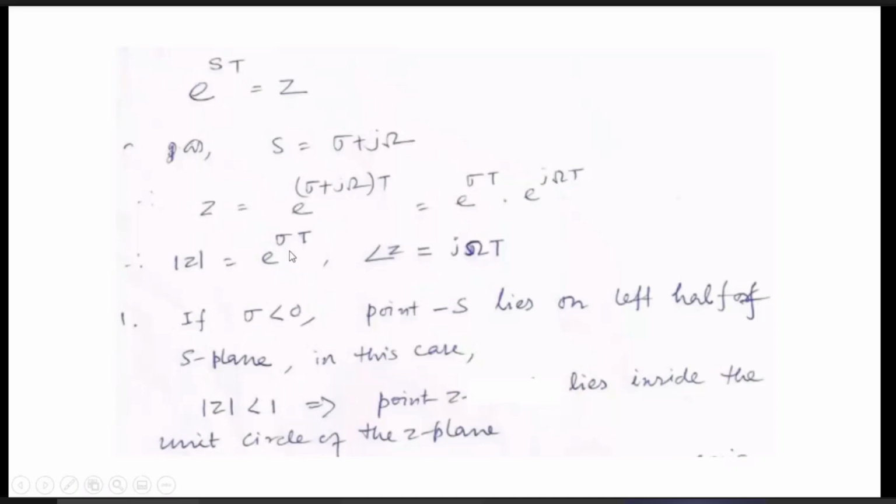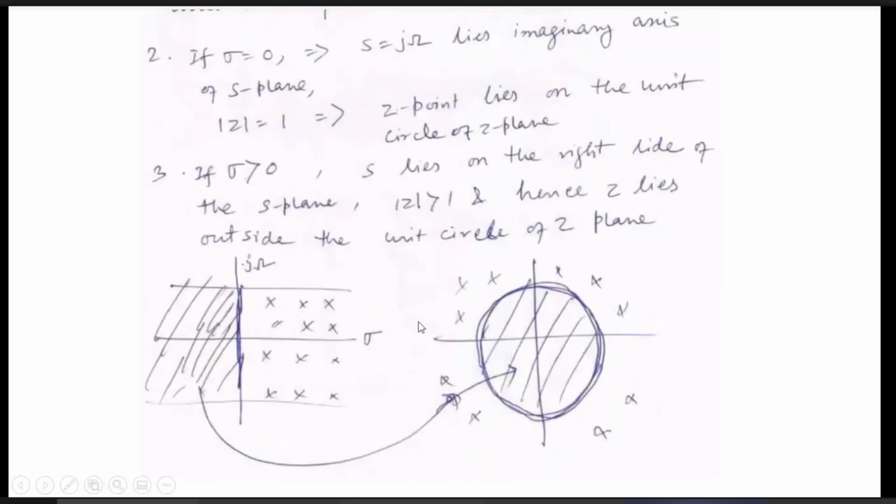Whereas sigma less than 0, that is negative, so that means 1 by 2 to the power something, so that is less than 1. But for a positive sigma, mod z is greater than 1. So the S plane points on the right-hand side map outside the unit circle.